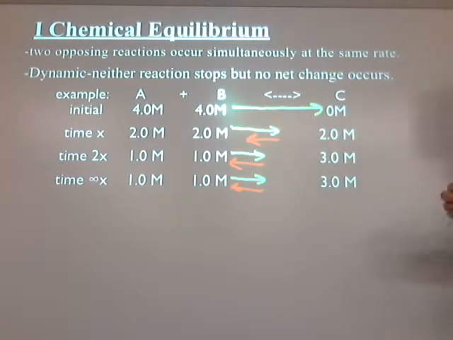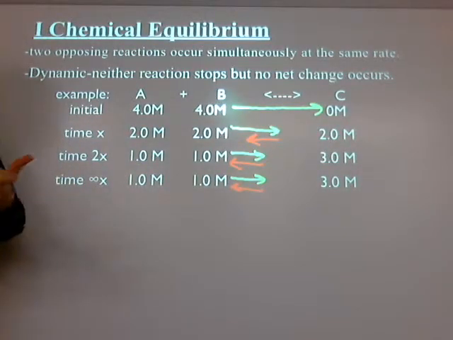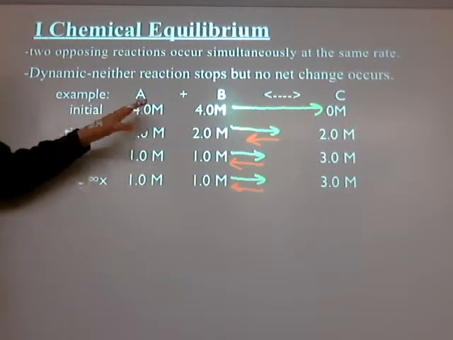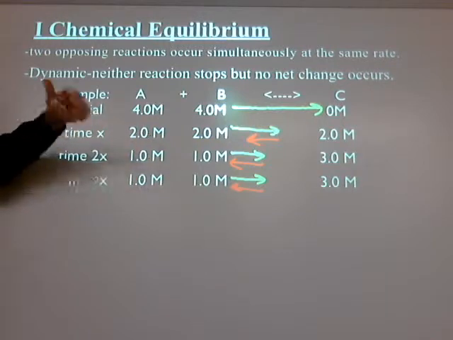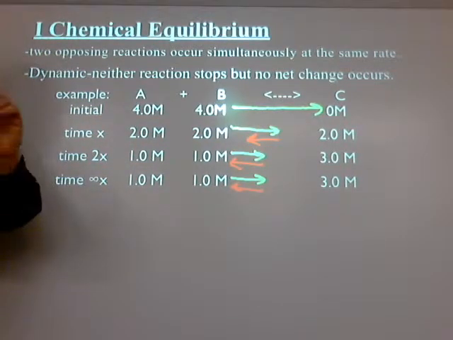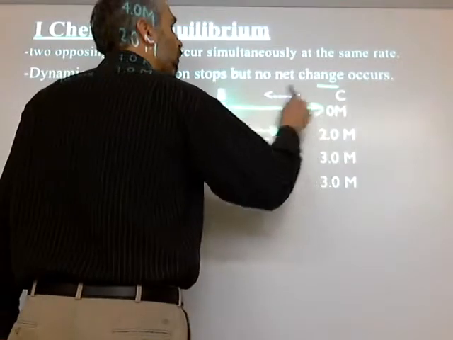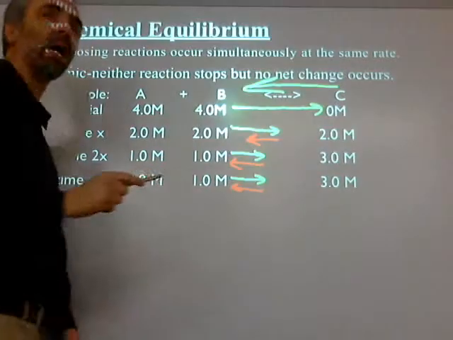Now here's the crazy part about equilibriums. Remember I told you it's not enough to know whether the reaction occurs, if it's spontaneous, Delta G is negative. It's not enough to know how fast. This could be a highly spontaneous reaction and happen in a split second. But if the equilibrium lies way over to this side, in other words, if the red reaction, the reverse reaction, is way bigger than the forward reaction, you know what you can do?